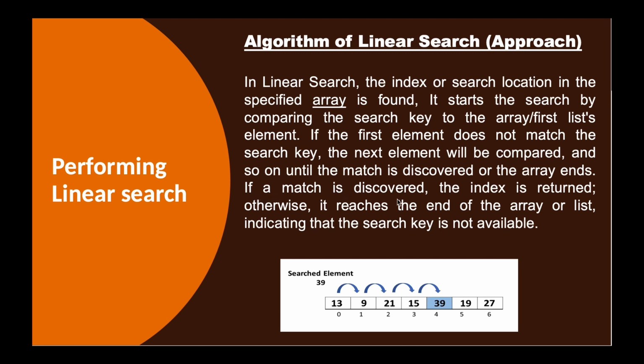If a match is discovered, the index is returned. Otherwise, it reaches the end of the array or list, indicating that the search key is not available or the search element is not available.